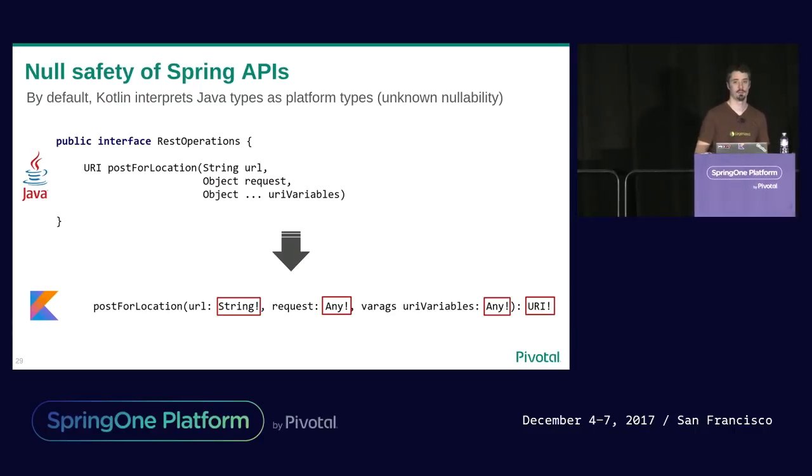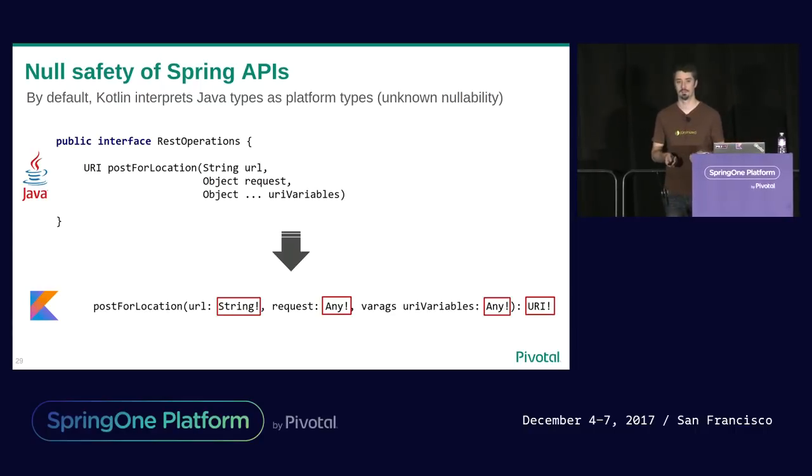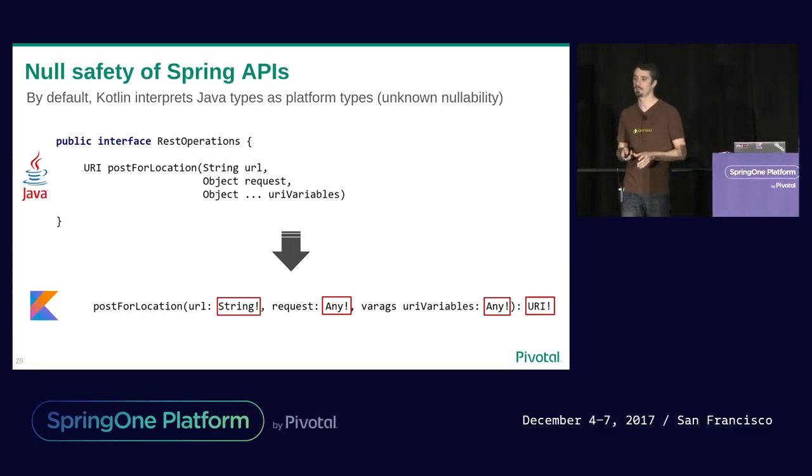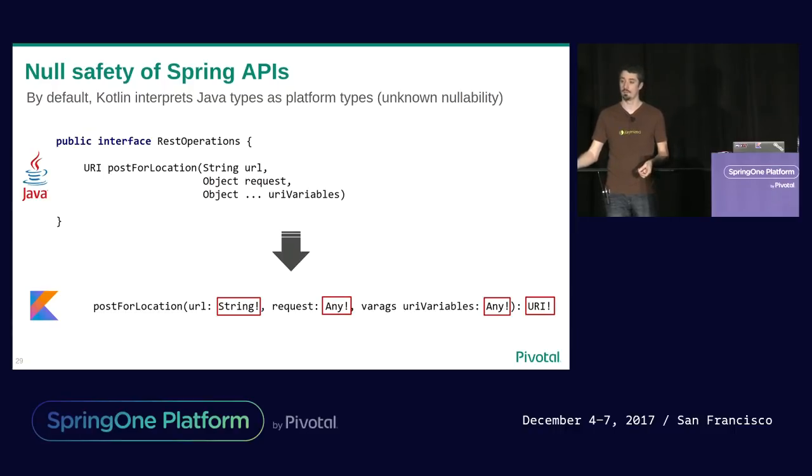The issue here for us at Spring is that the whole Spring Framework API is developed in Java, and Java does not provide any information about null safety. So when you are creating your nice Kotlin project with type safety everywhere in your code, when you are calling the Spring Framework API, you basically don't know, and Kotlin can't know, if this parameter or this return value could be null or not.